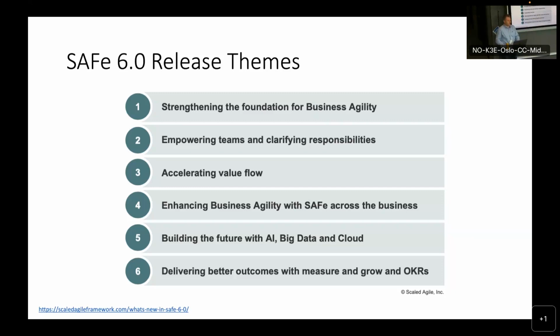So they've brought that into the framework as well. And of course, delivering on the outcomes. So they're focused more on using OKRs and how to measure KPIs.